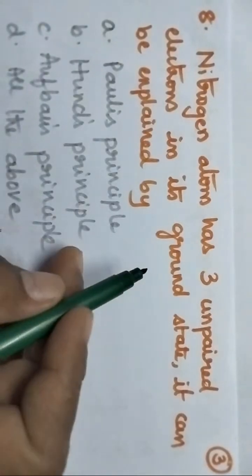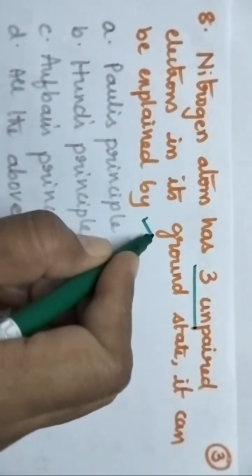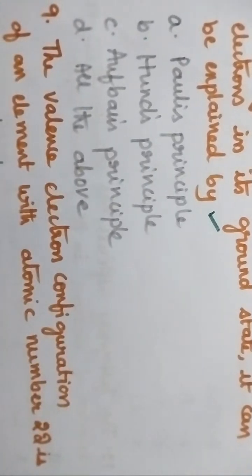Coming to the next question. Nitrogen atom has 3 unpaired electrons in its ground state. It can be explained by the configuration of nitrogen atom on the basis of which principle?